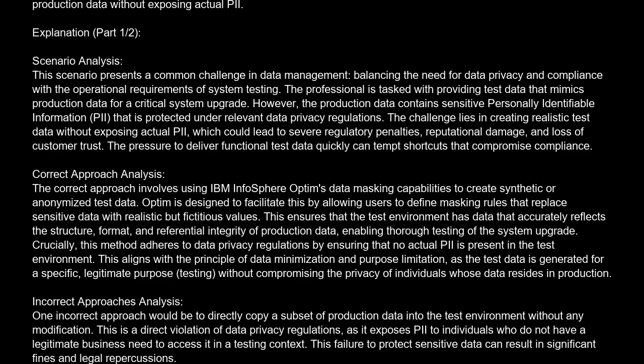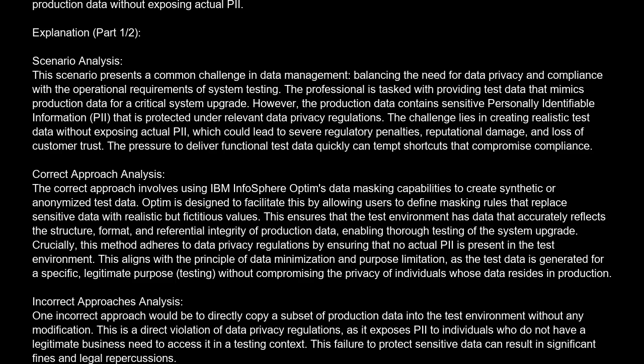Correct approach analysis. The correct approach involves using IBM InfoSphere Optim's data masking capabilities to create synthetic or anonymized test data. Optim is designed to facilitate this by allowing users to define masking rules that replace sensitive data with realistic but fictitious values. This ensures that the test environment has data that accurately reflects the structure, format, and referential integrity of production data, enabling thorough testing of the system upgrade.